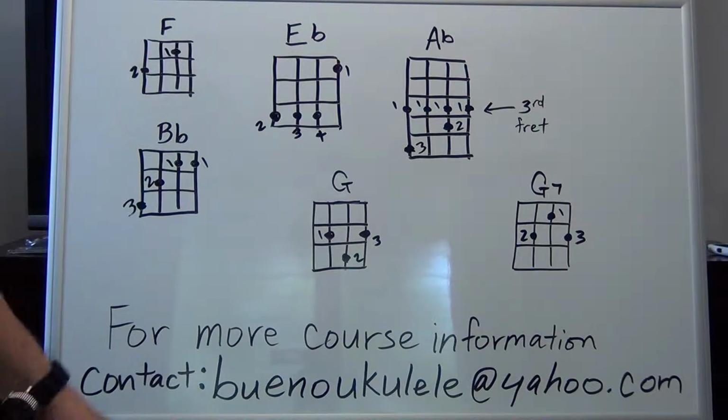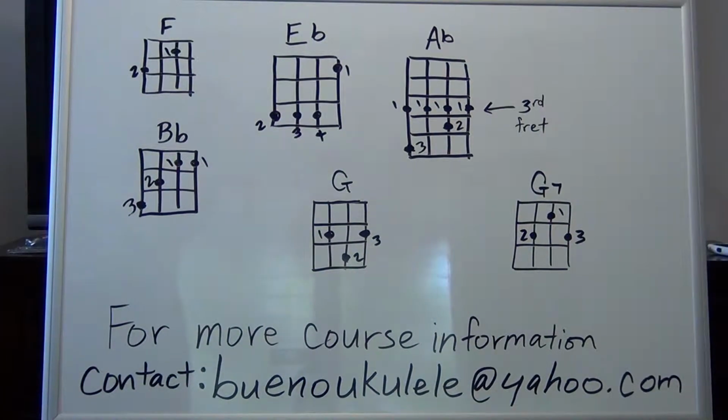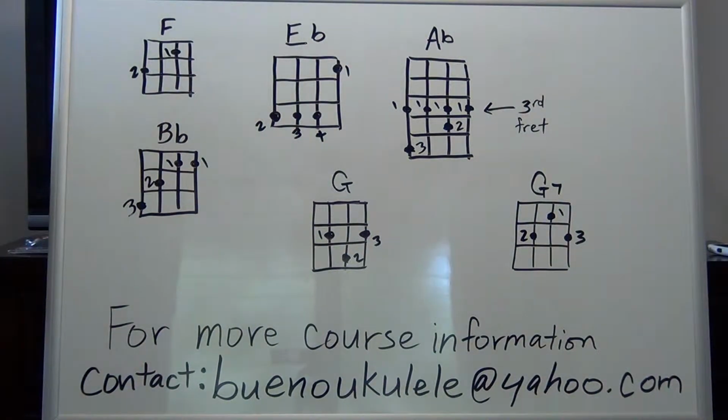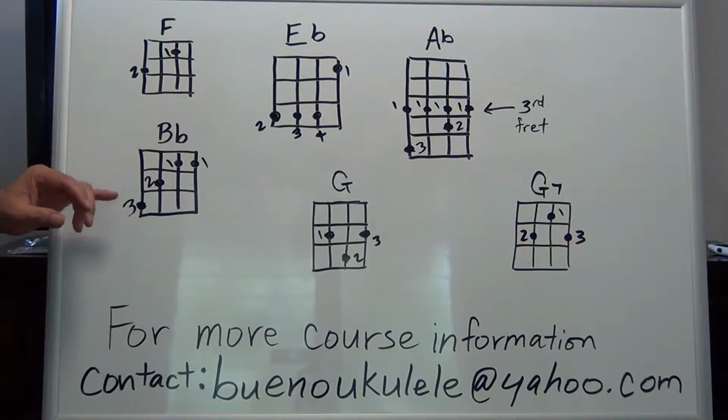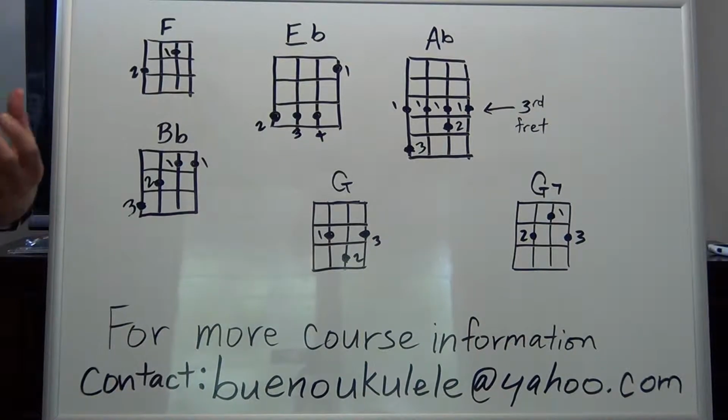This chord was taught early on in the previous course, the beginning ukulele course, B flat. This chord is a little hard to make, so it's going to take a little practice. If you're new to my course and have never played this chord before, in the previous tutorials early on in this course, you had a lesson about how to make the B flat chord, and I taught you some techniques so you could learn it faster.